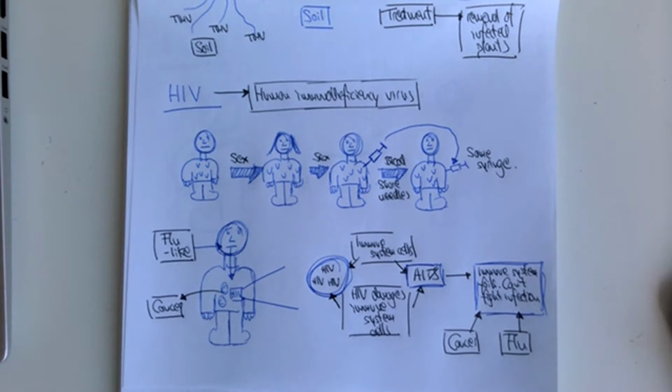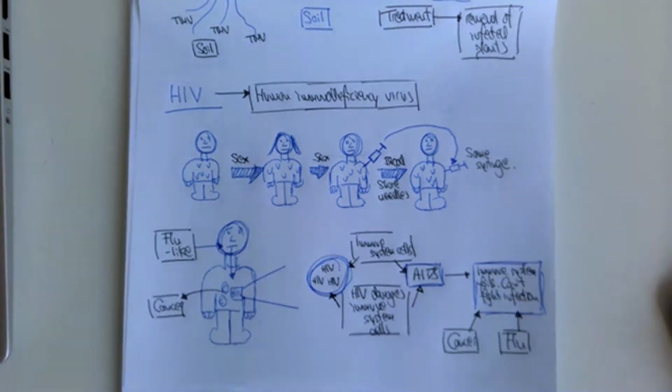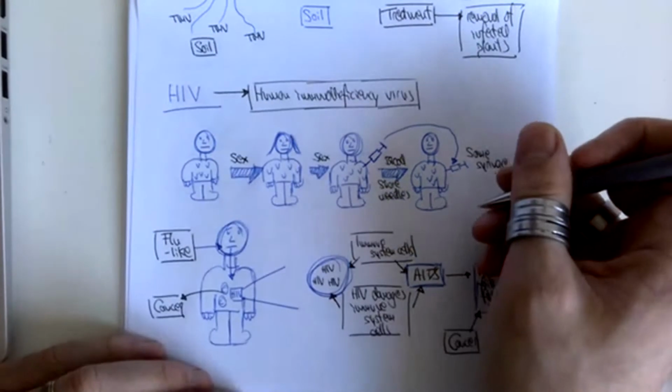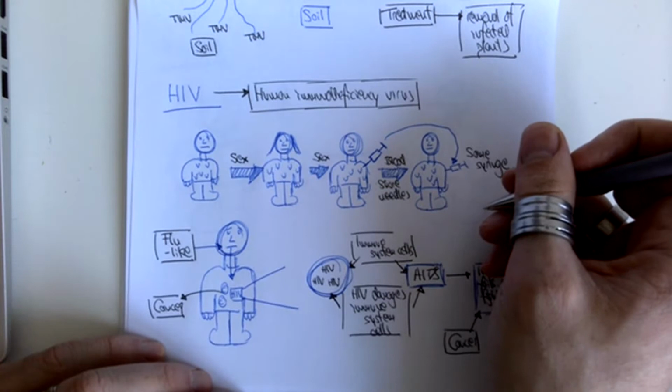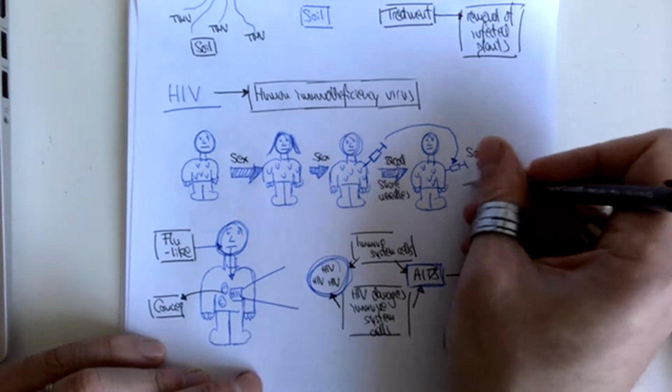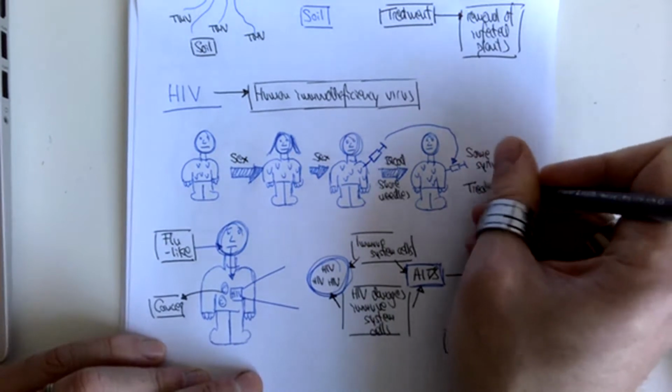Now, in respects to treatment and prevention, there are different types. There can be the use of antiretroviral drugs. So antiretroviral drugs are a treatment.